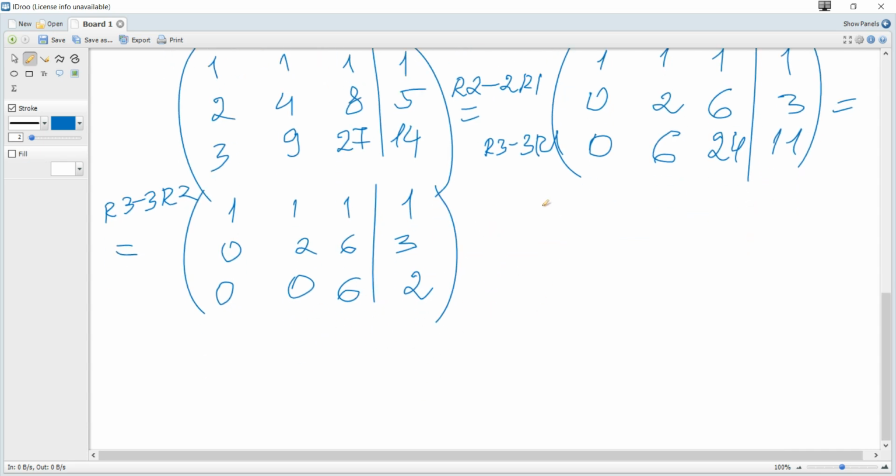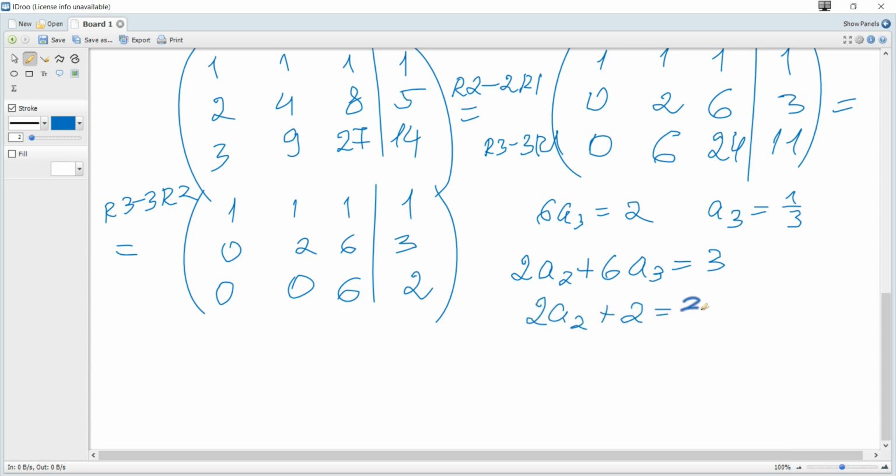It means that 6a3 is 2, so a3 is 1/3, and the second row becomes 2a2 plus 6a3 is 3, and we can substitute 2 for 6a3 directly, so it becomes 2a2 plus 2 is 3.